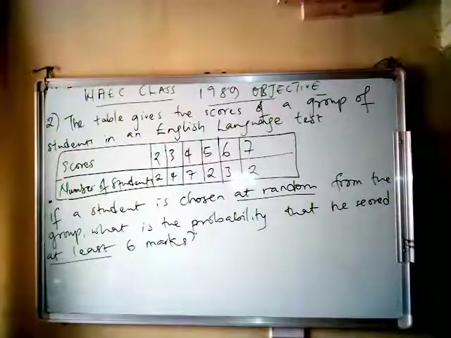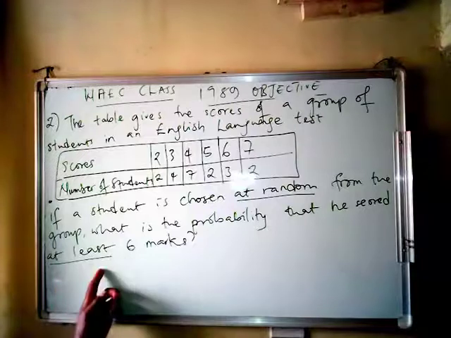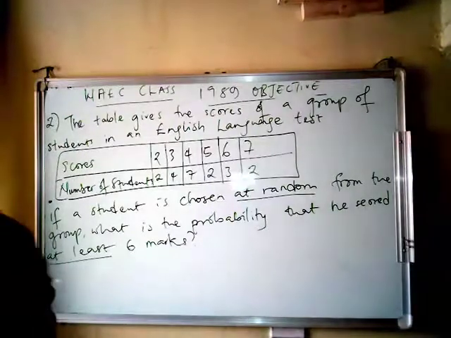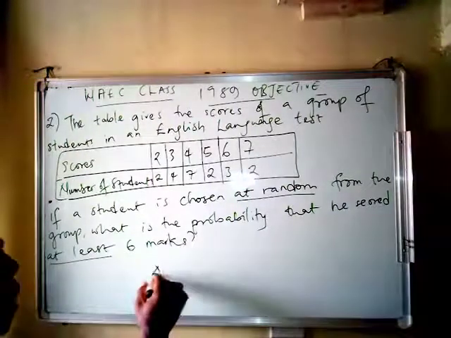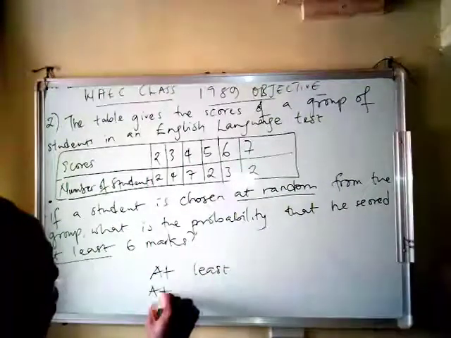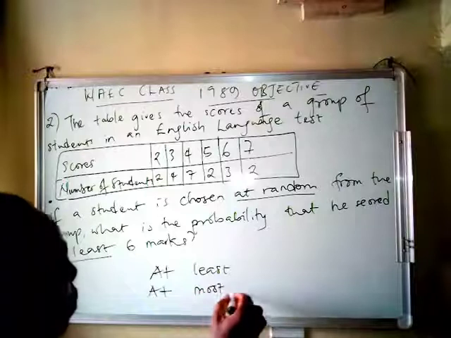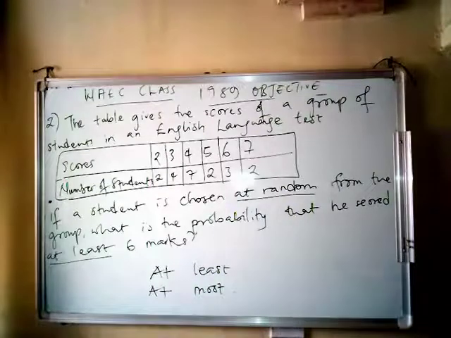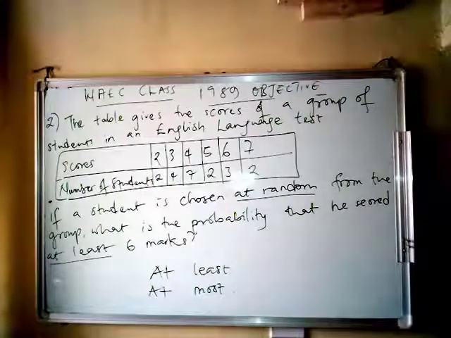Now I want to also emphasize this word, at least. So you have two things. Let's emphasize them: at least and at most. What is the difference? Now I like to explain this using this logic.